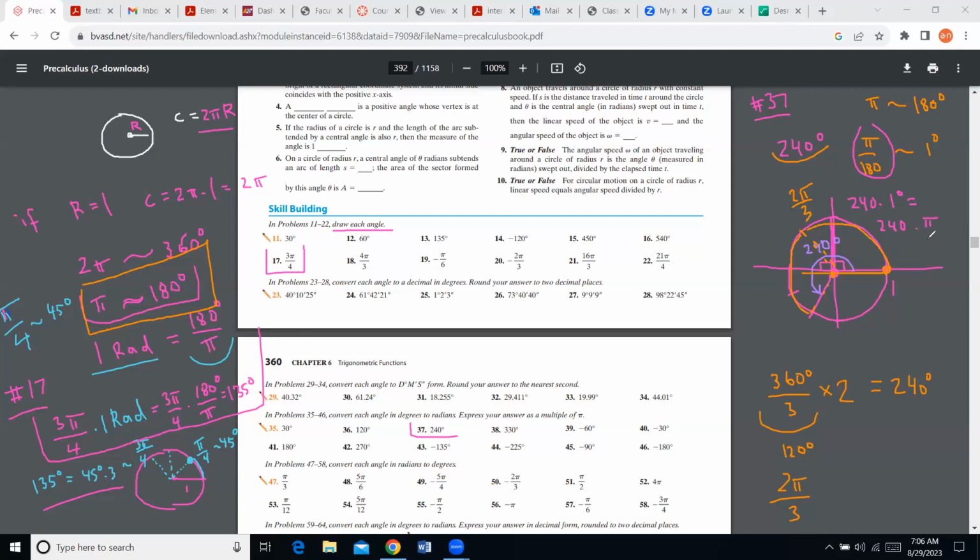And now it's already going to be radians, because degrees and degrees are going to be canceled, right? So now we're going to actually simplify 240 and 180, right? And looks like I could divide both of them by what?